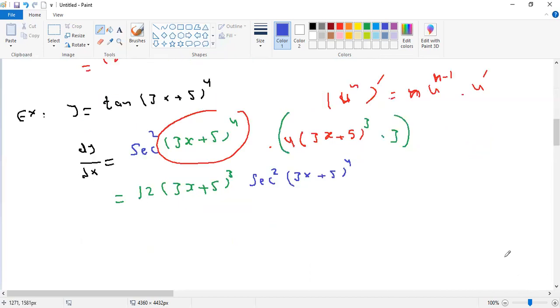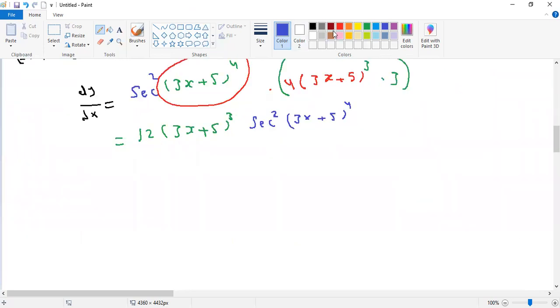Another example. If the question has y equal to 20 tan 6x, what is the derivative? So y prime, dy/dx, is equal to 20 times the derivative of tan, which is secant squared u.